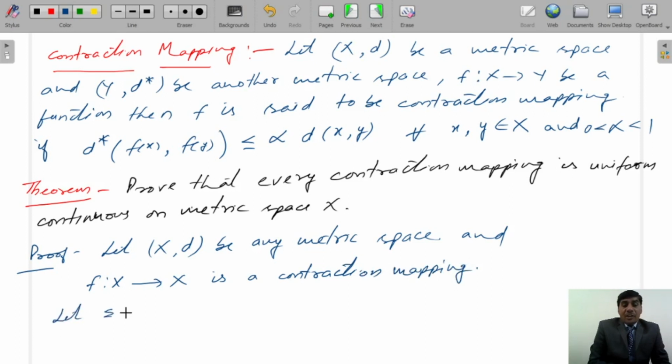Let epsilon greater than 0 be given and delta greater than 0 such that delta is equal to epsilon divided by alpha.